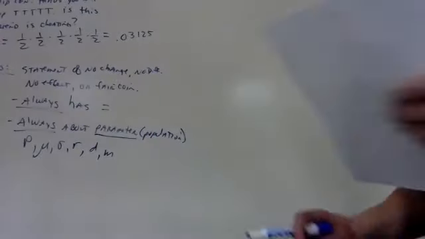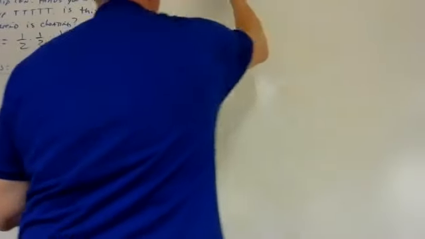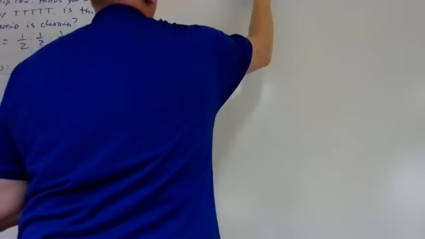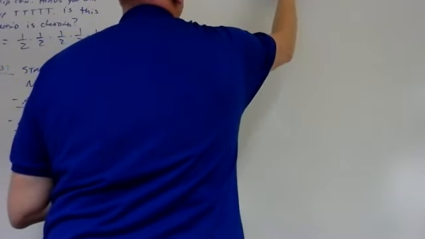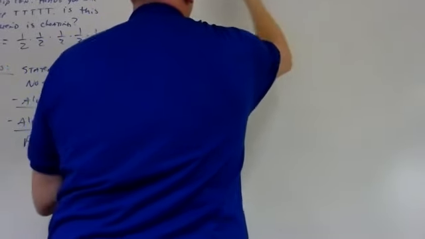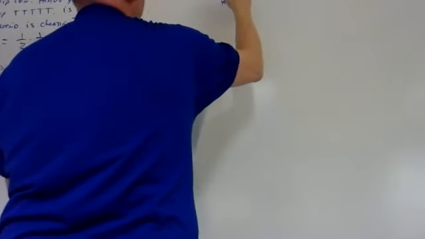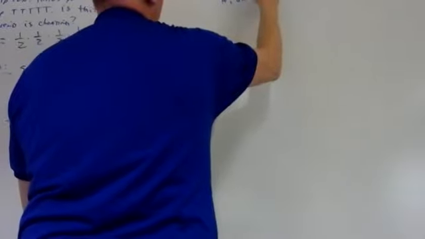Now let's talk a little bit about the alternative hypothesis. The alternative hypothesis is either written as H1 or H sub A. I use both interchangeably.